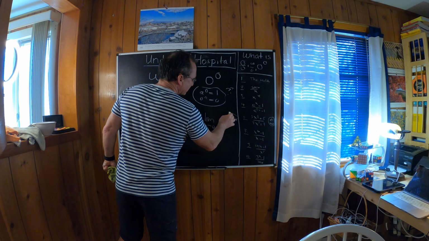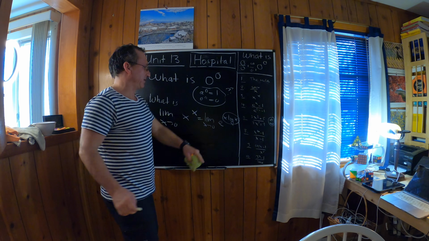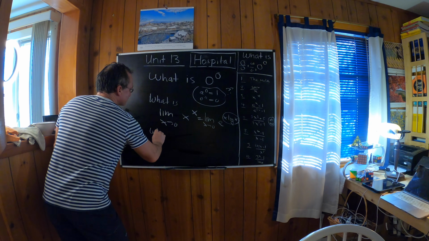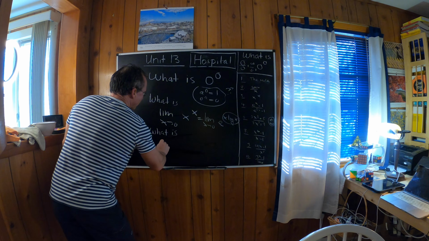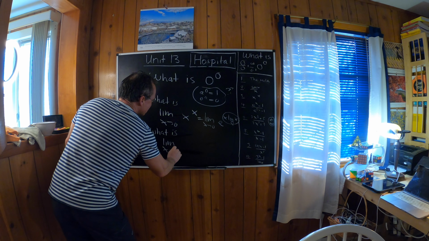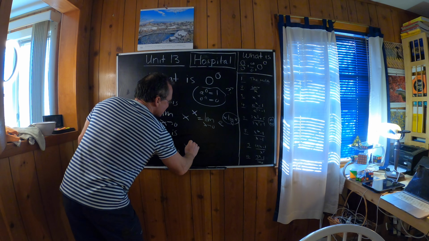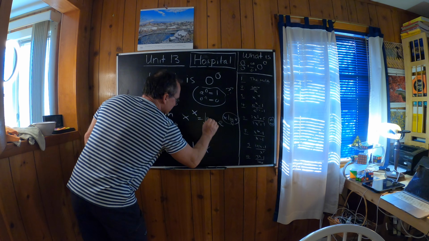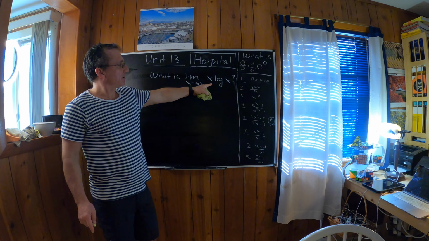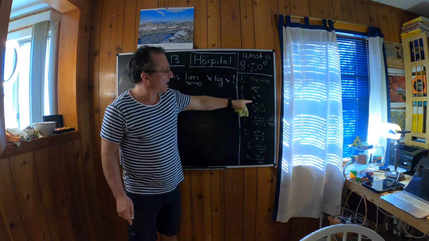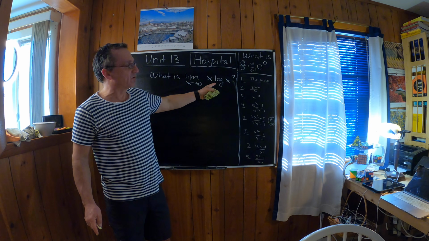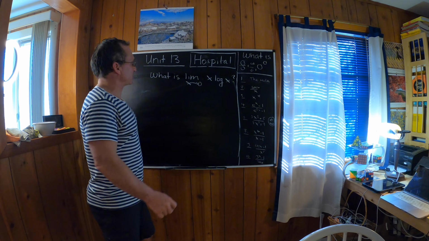And now we just have to actually understand what is x times log x. The limit when x goes to 0 of x times log x. So the question about x to the power x was reduced to this question. Let's answer this question instead.